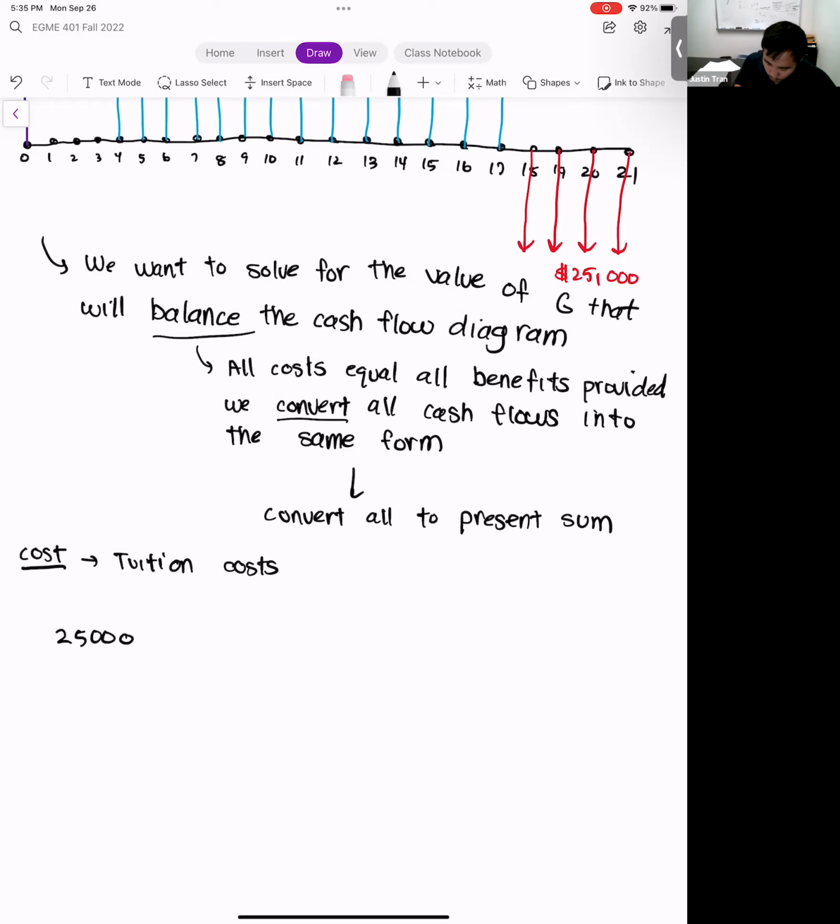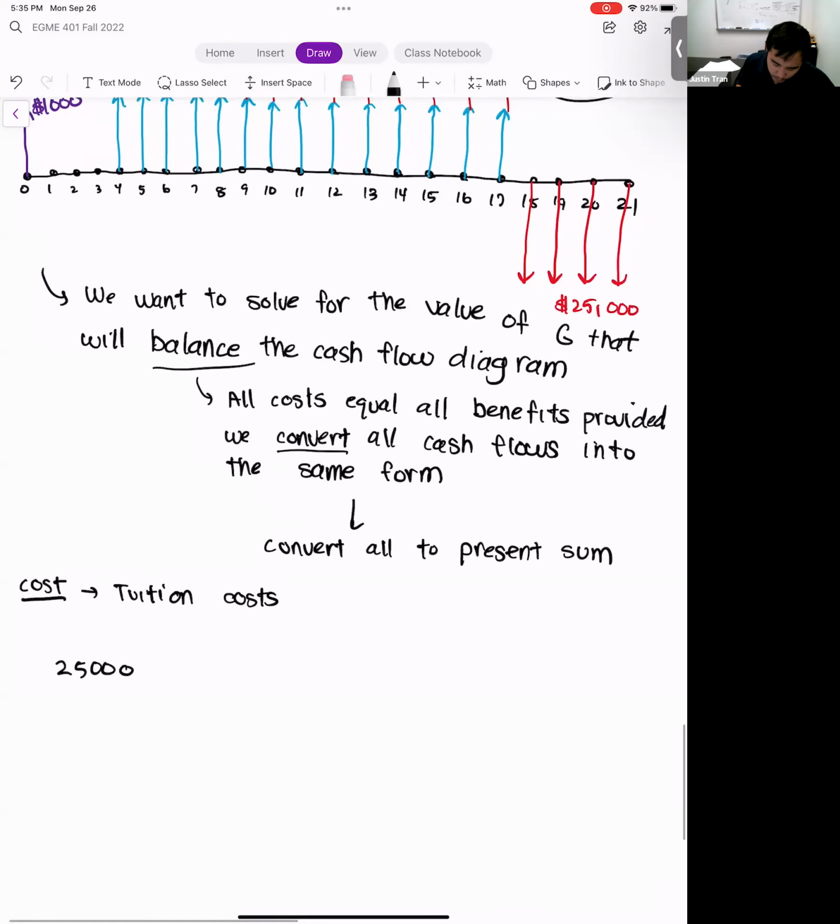All right, so let's perform our conversions. We have a couple of ways to do this. The first thing we want to do is lump this all together into one sum, so I'm going to convert this into a P over A. The interest rate here is 7%, and this uniform series occurred over 4 years.